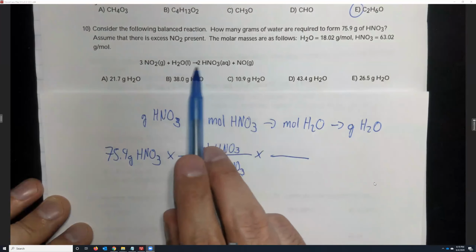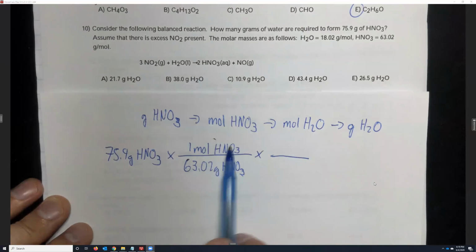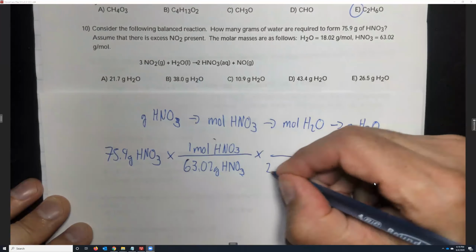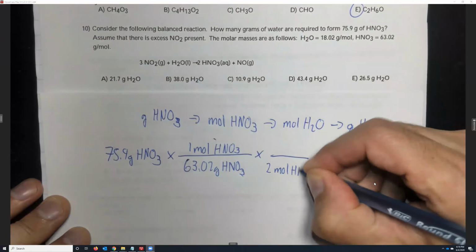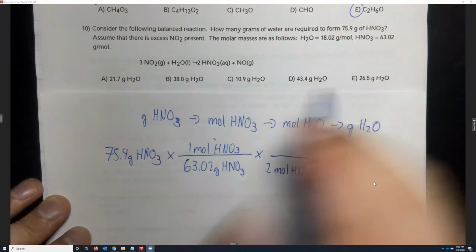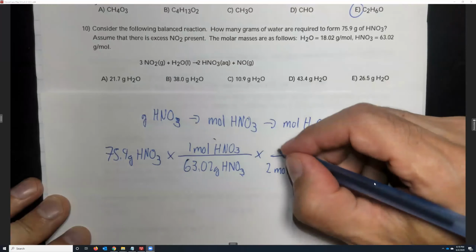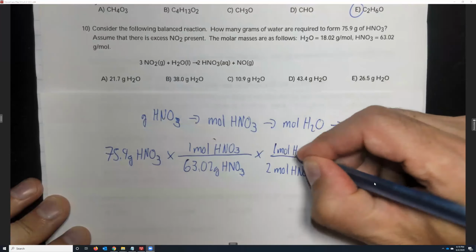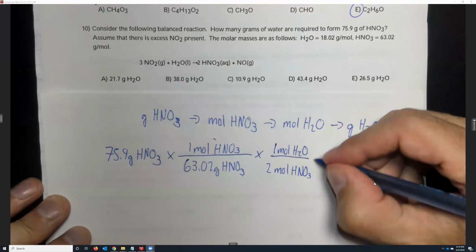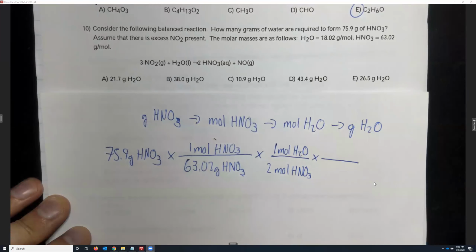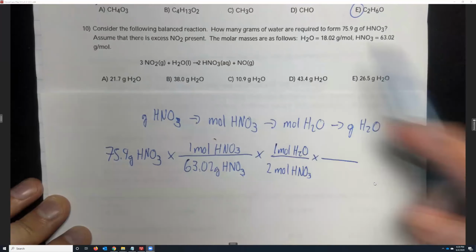In this case, there's a 2 in front of HNO3, and I want HNO3 to go. So I put 2 moles of HNO3 on the bottom, so it'll cancel out. There's no number, but it's a 1 in front of water, so we put the 1 mole of water on the top, because that's what we're looking for. Then finally, we need to convert to grams of water, and you may already have the molar mass of water memorized, but if you don't, it's right here.